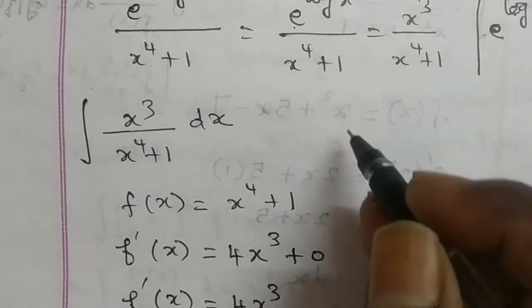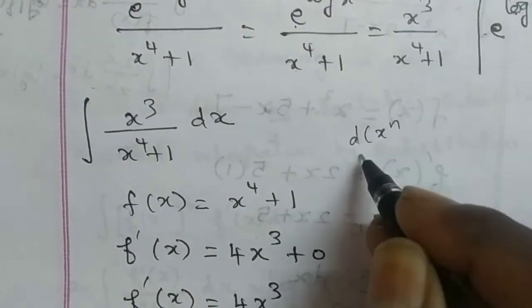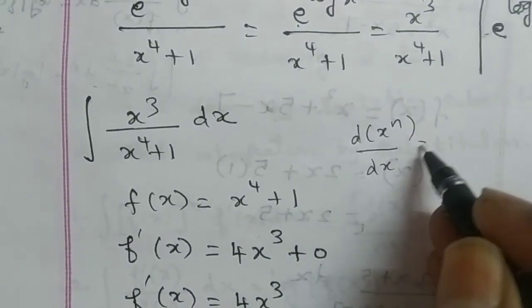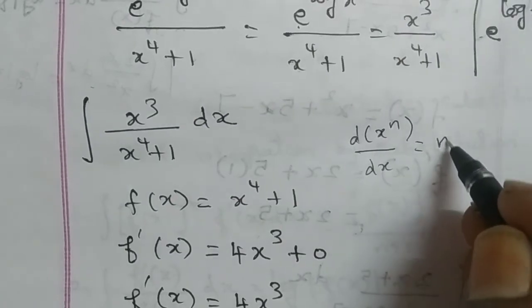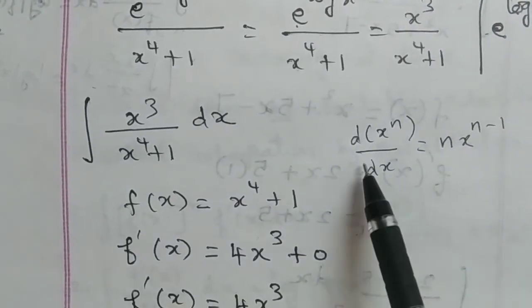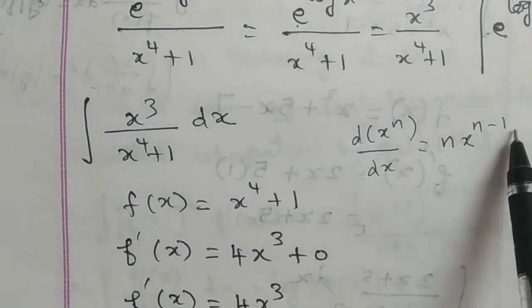What is the formula we are using? The differentiation formula: d of x to the power n divided by dx equals n into x power n minus 1.